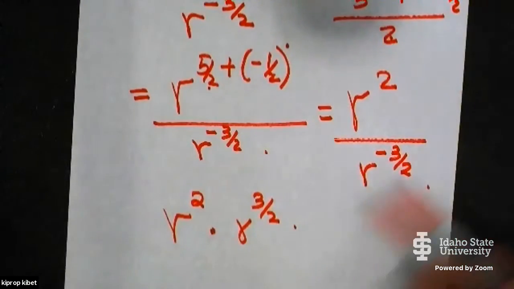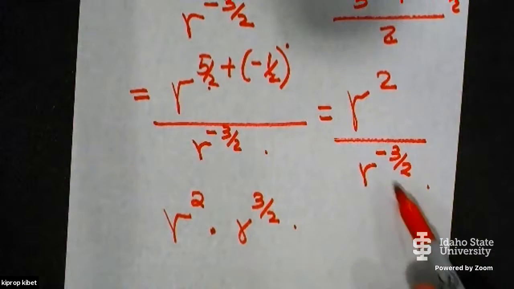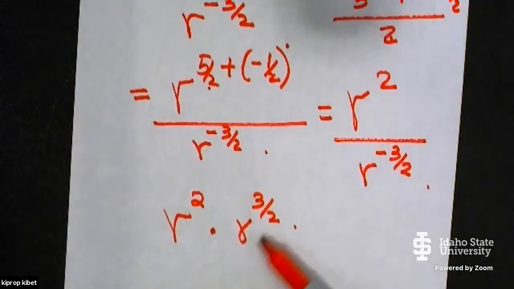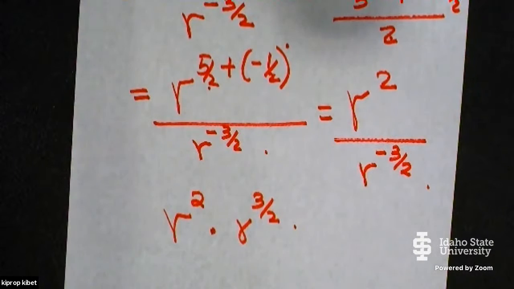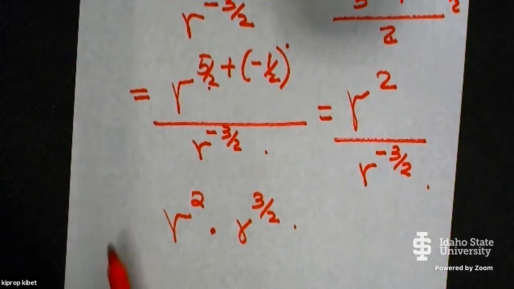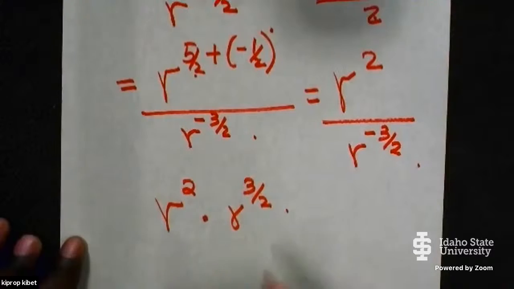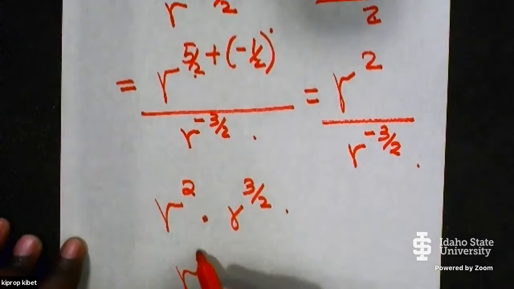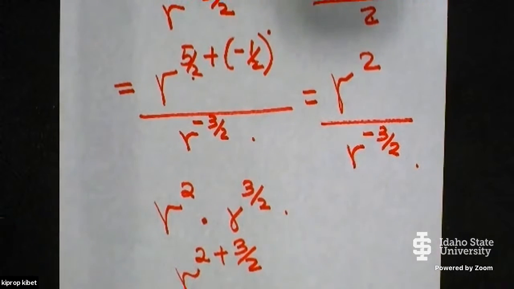So this power will change from negative to positive. Then using the product rule, this is equal to r raised to 2 plus 3 all over 2.